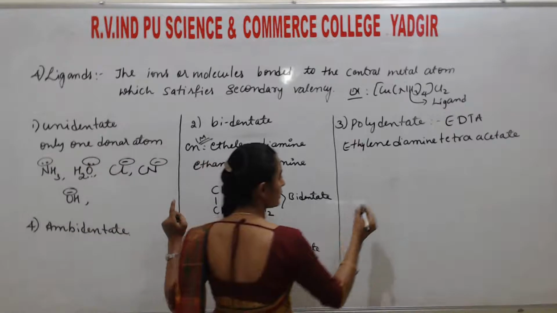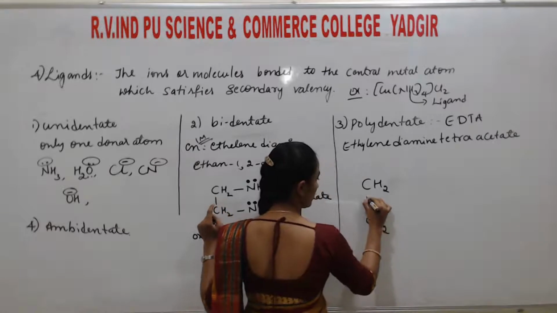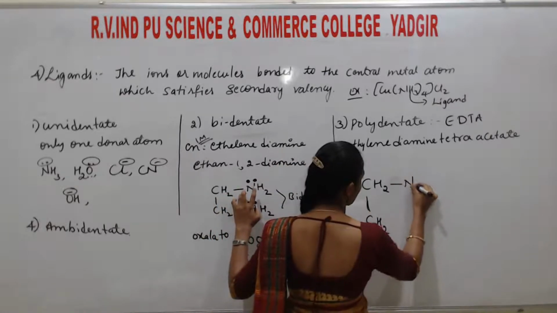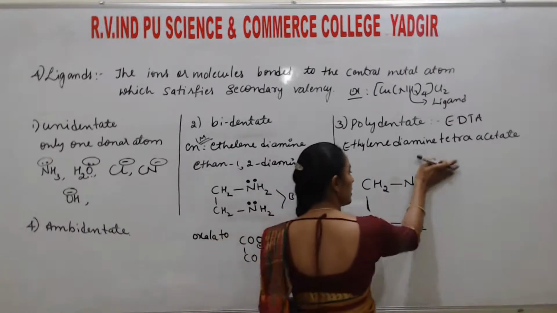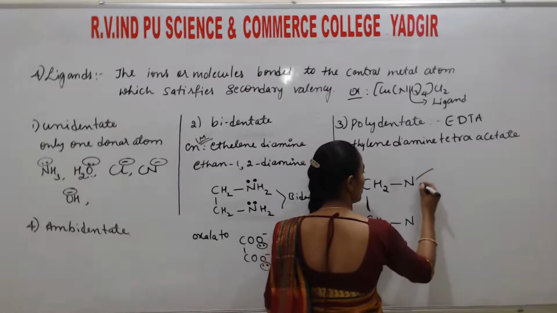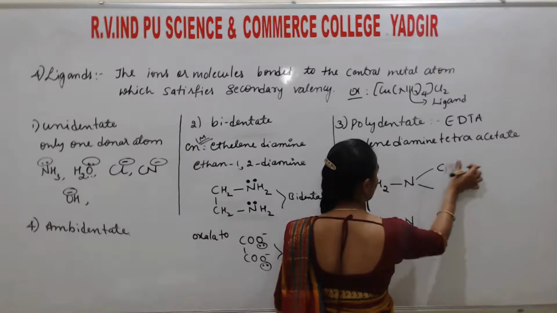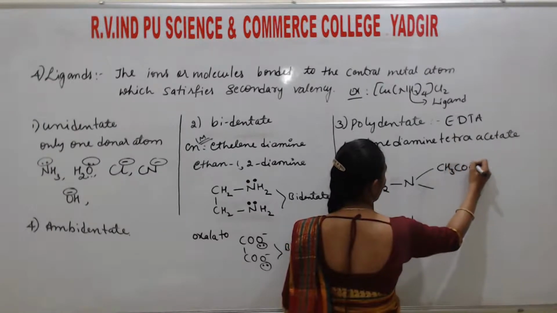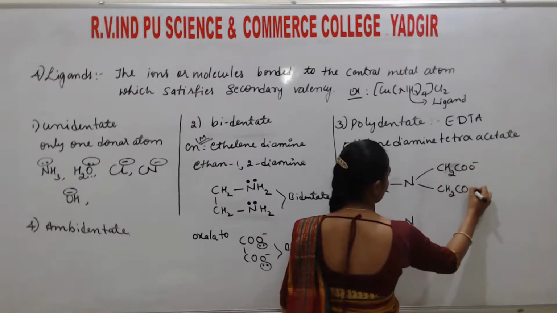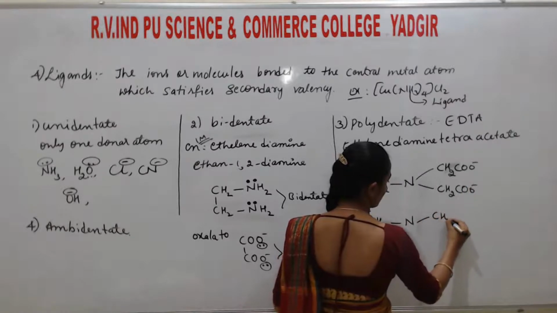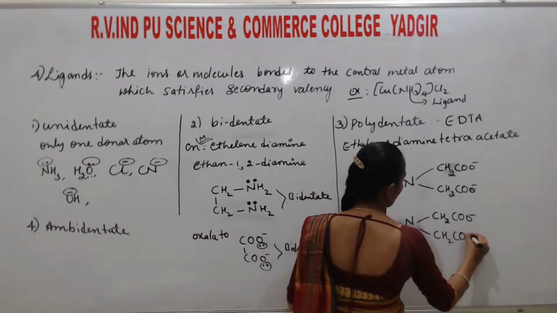So students, ethylene means CH2, diamine means here NH2, tetraacetate means this H2 is replaced by 2 CH2 CO minus groups on each nitrogen. CH2 CO minus, CH2 CO minus.